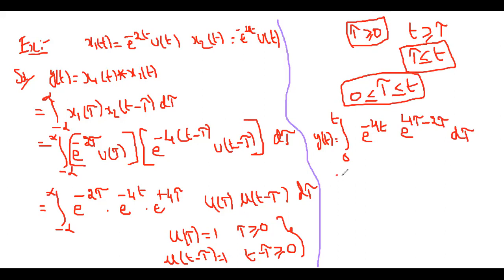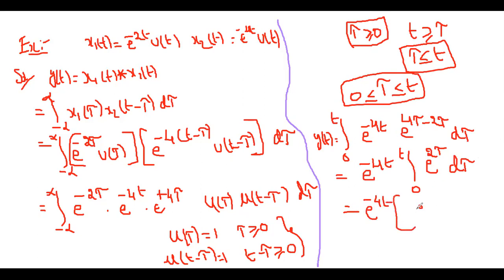Okay, my dear students, this is equal to e power minus 4t as a constant, and the integral from 0 to t of e power 2 tau d tau. Apply the integral for e power 2 tau, which is e power 2 tau by 2, with upper limit t and lower limit 0, equal to e power minus 4t.